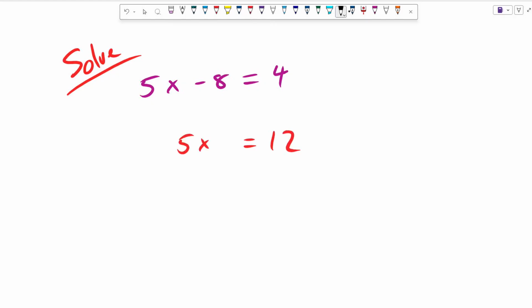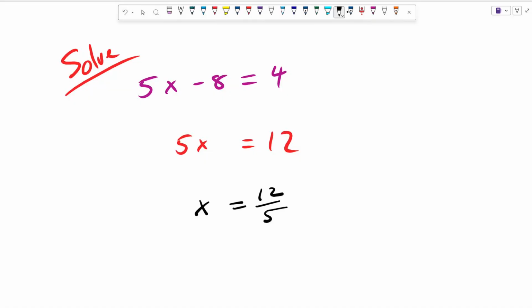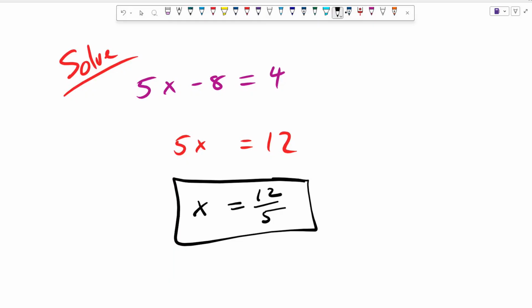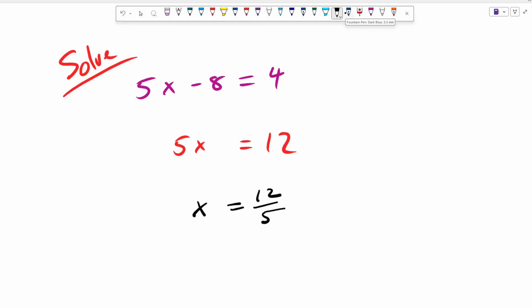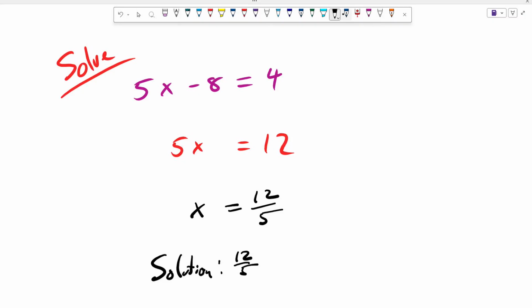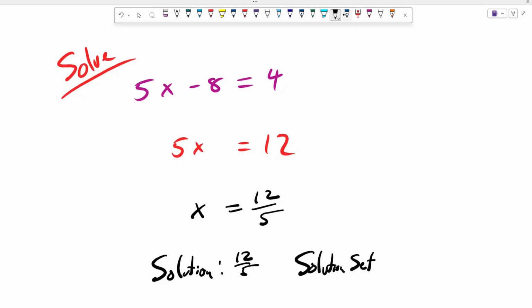Okay, first step here is add 8 to both sides. Next step, divide by 5 or multiply by 1/5, same thing. Is this my solution? No, we're getting better. What's my solution? 12/5 or 2.4. And what is the solution set?